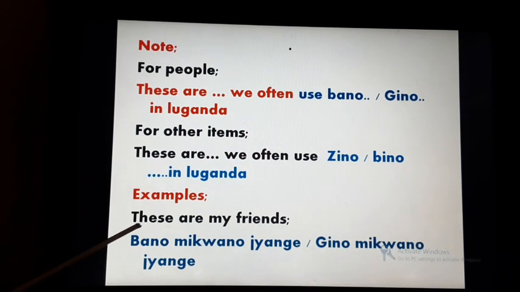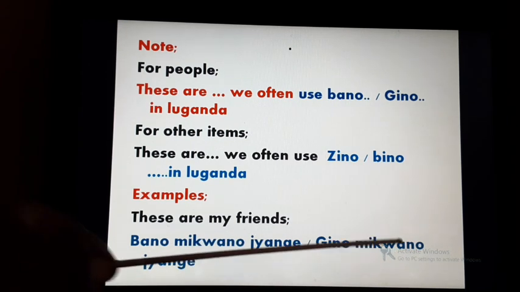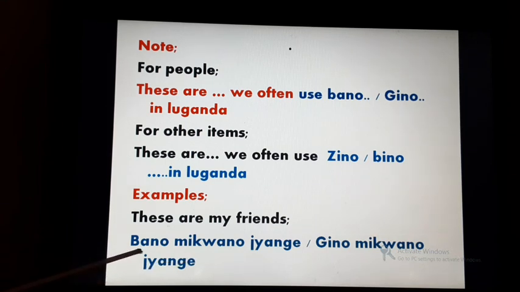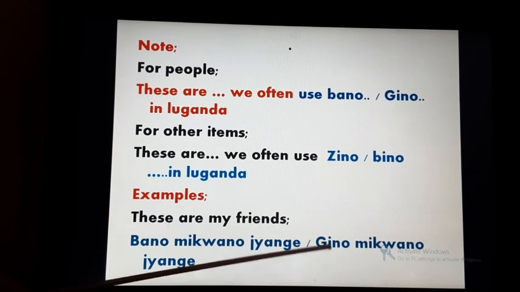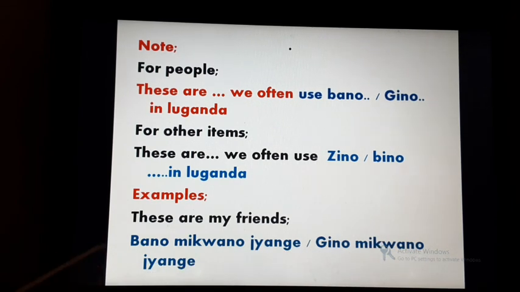In Luganda, it's going to be bano mikwano jange because friends are people. Or one can say gino mikwano jange.